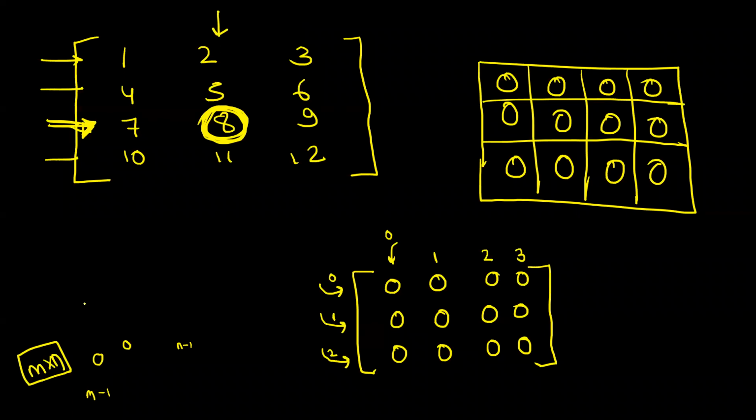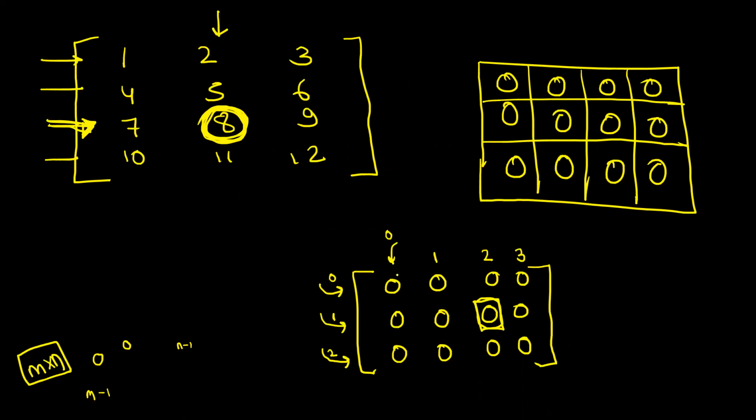Now, if I want you to talk about this particular place, I will say: go to the row with index 1 and the column with index number 2. So using the row and column indexes, I can uniquely identify a particular location in my matrix.